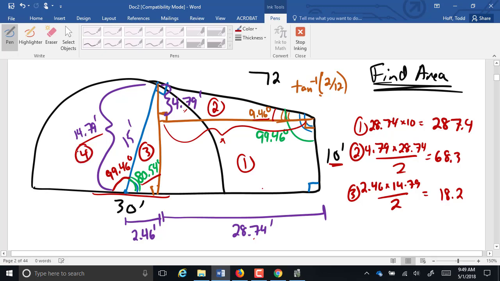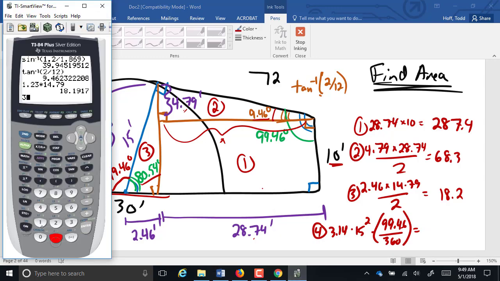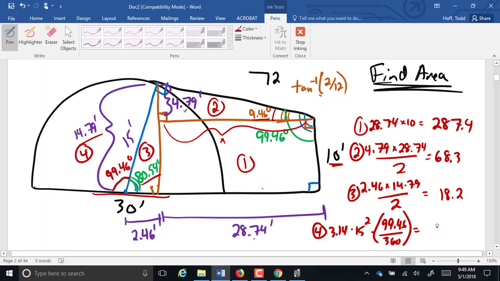So piece 4 there is pi times 15 squared times 99.46 over 360. We still have to use 360 for the full circle. So pi times 15 squared times 99.46 divided by 360 is 195.2.